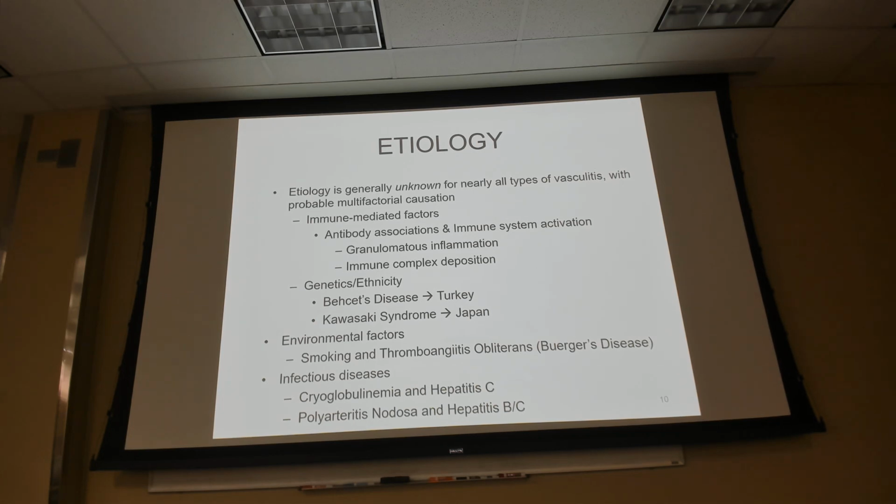So is this individual a smoker? Are they in locations such as a workplace that can heighten the risk of these vasculitis? Infectious, right? So are they having some cryo, hepatitis C, the polyarthritis, and hepatitis of the other ones, B and C?